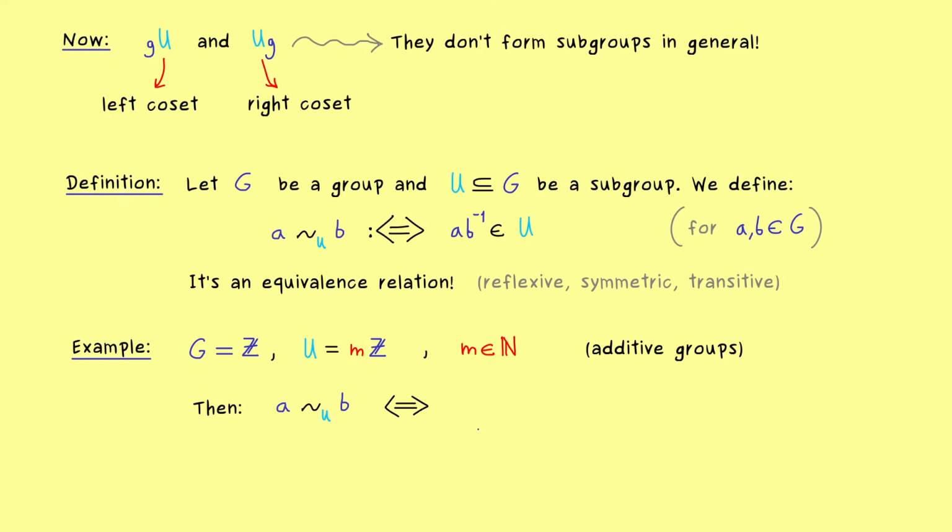We see that because by definition A and B are equivalent if A minus B lies in U. So please note, in the additive writing, B inverse is equal to minus B. So in other words, we have here that the difference has to be a multiple of M.